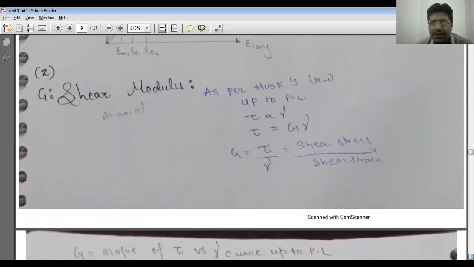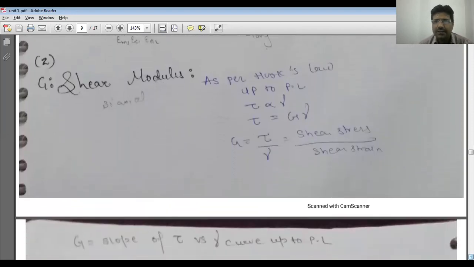Second is shear modulus. As we discussed, as per Hooke's law, the stress is directly proportional to strain. I told that if a pressure or pull is applied alongside the length, the change in length will be taken into consideration.